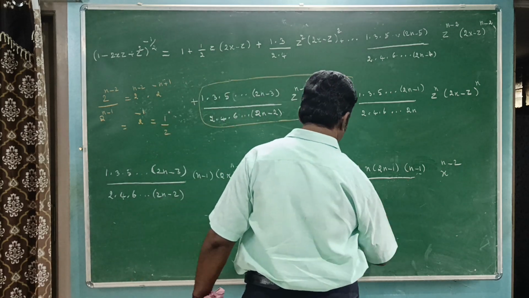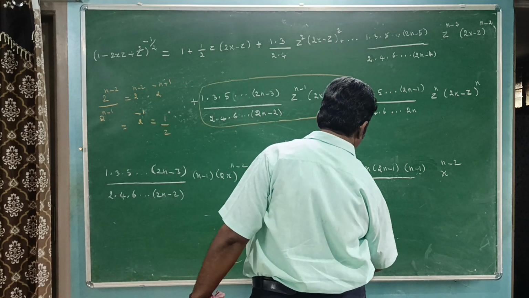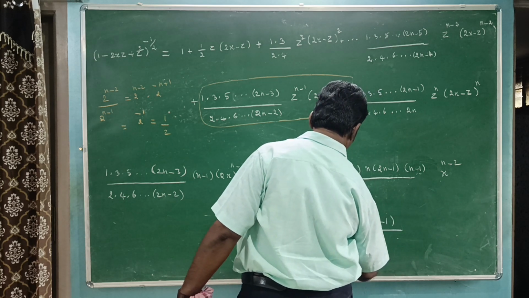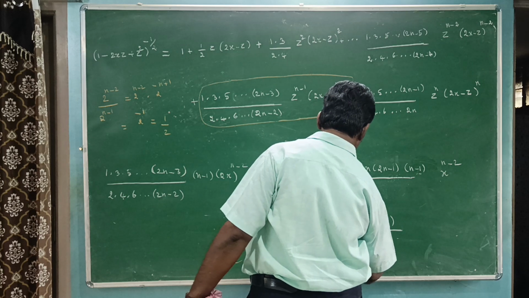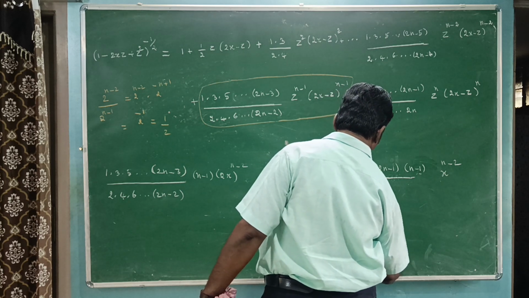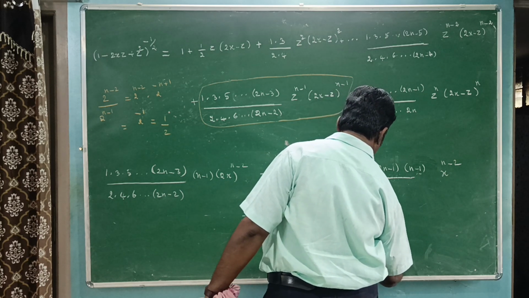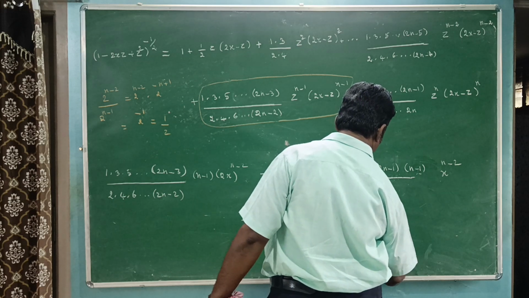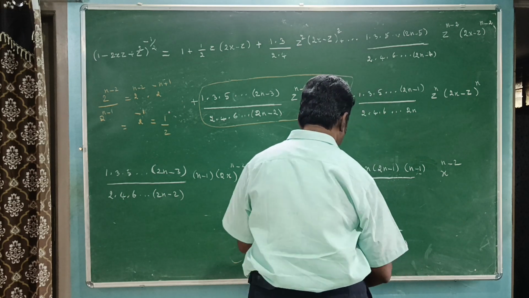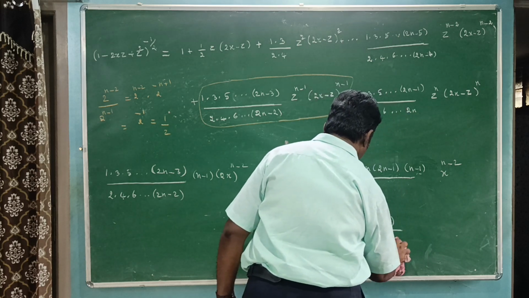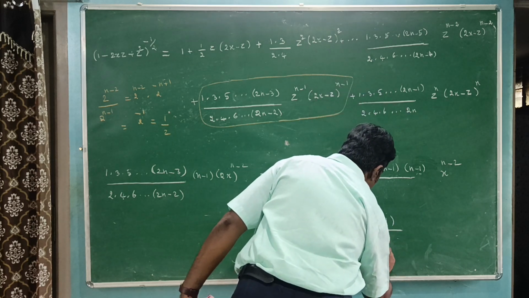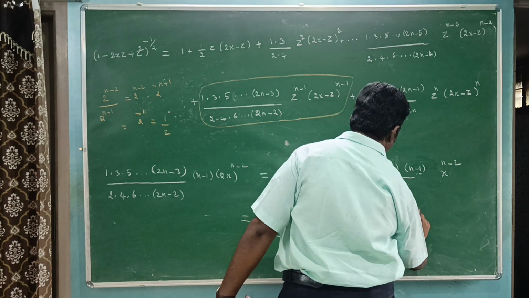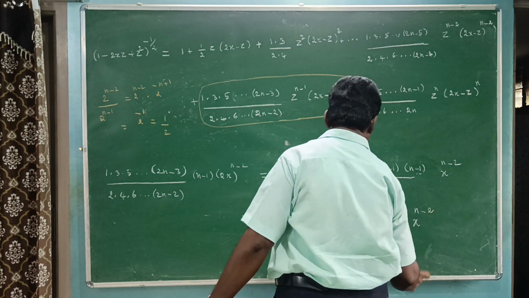Then the rest of the terms, n into n minus 1 divided by 2 into 2n minus 1, x power n minus 2.